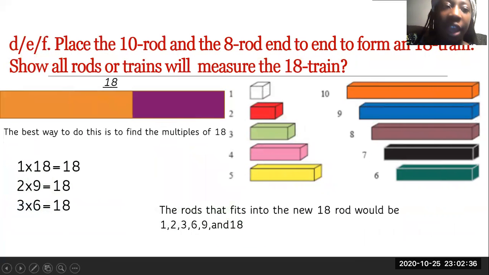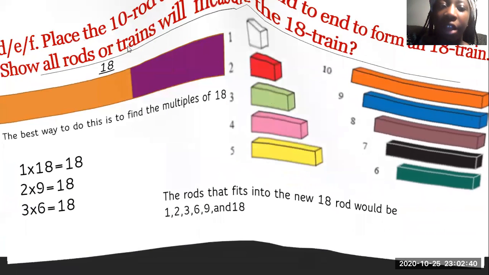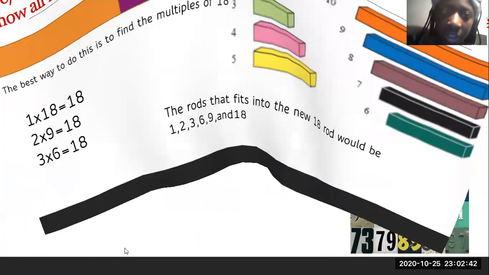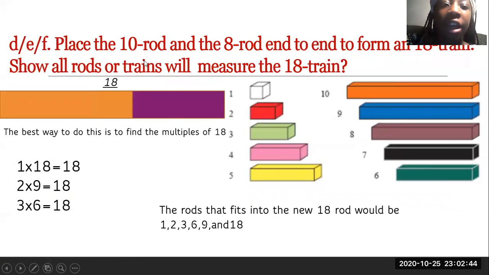Now D, E, and F, technically, they want us to combine the 10 and 8 rod to make an 18 rod. Like I said, it's easy to find the multiples of 18. So 1 times 18 is 18, which means the 1 rod and the new 18 rod will go into the 18 rod.